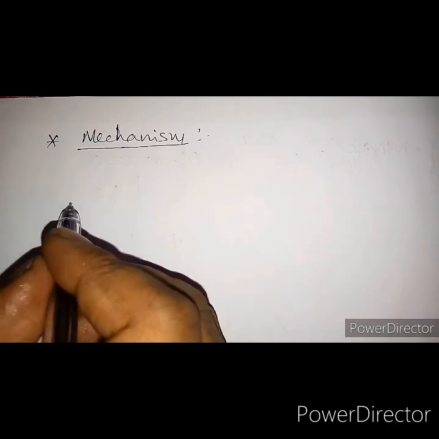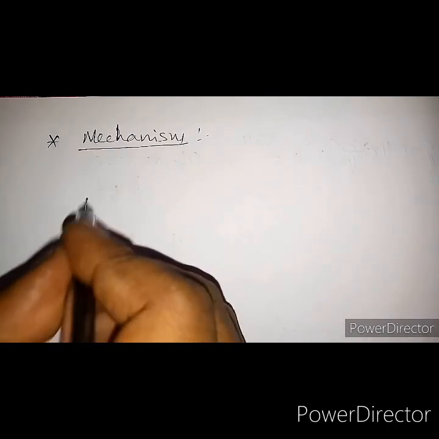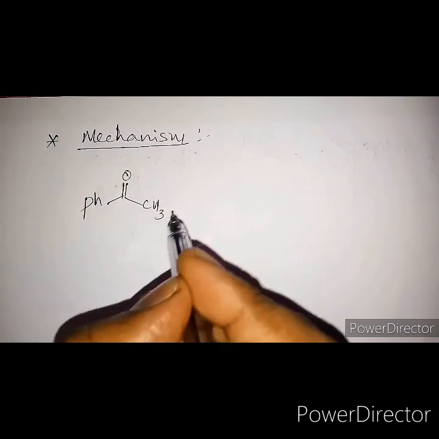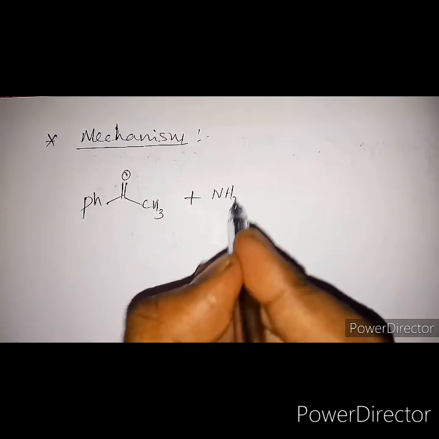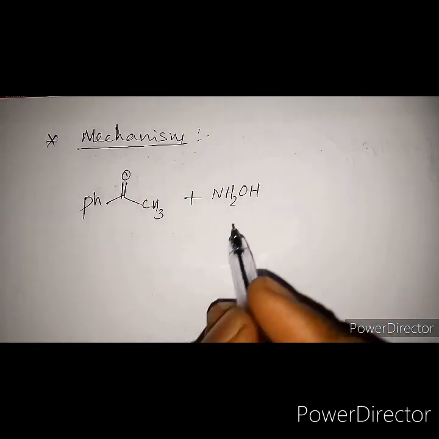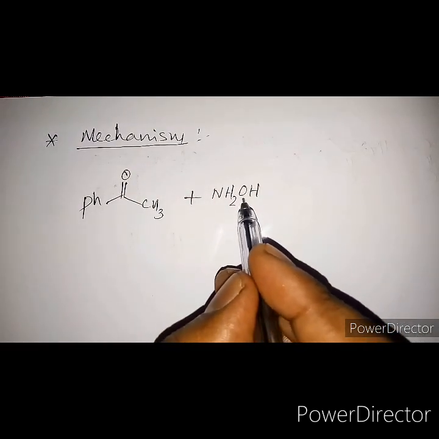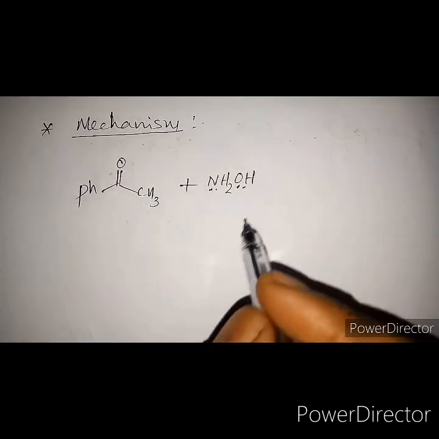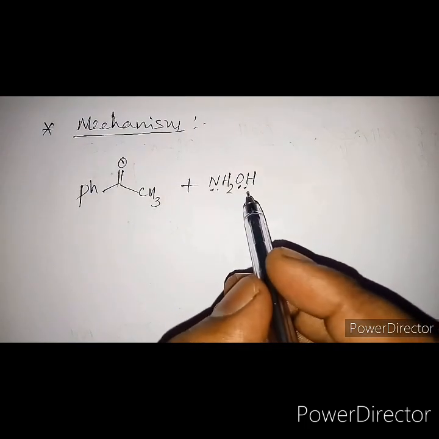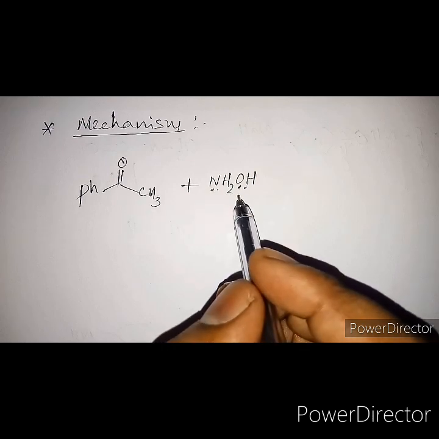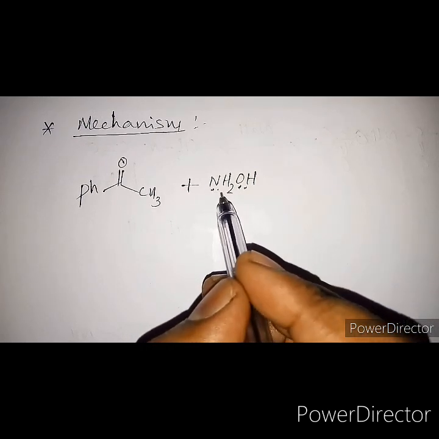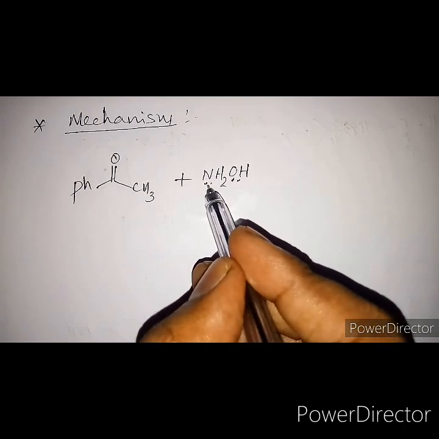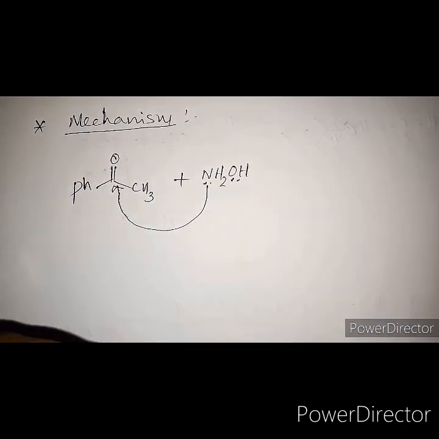We can take an example of acetophenone, PhCOCH3. We are treating with hydroxylamine. Now we have the oxygen lone pair of electrons and the nitrogen lone pair of electrons. The electronegativity is more in the case of oxygen, that is why it doesn't donate the electrons as much as nitrogen, because of the lesser electronegativity. That is why the nitrogen will attack the carbonyl group.